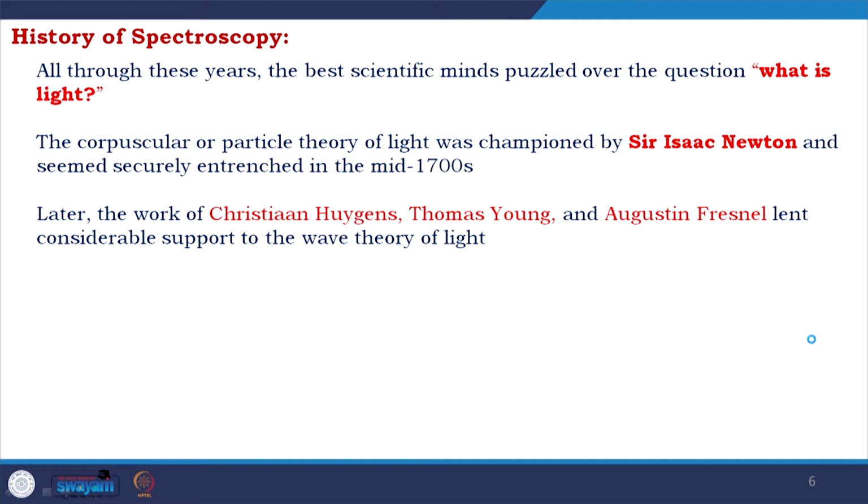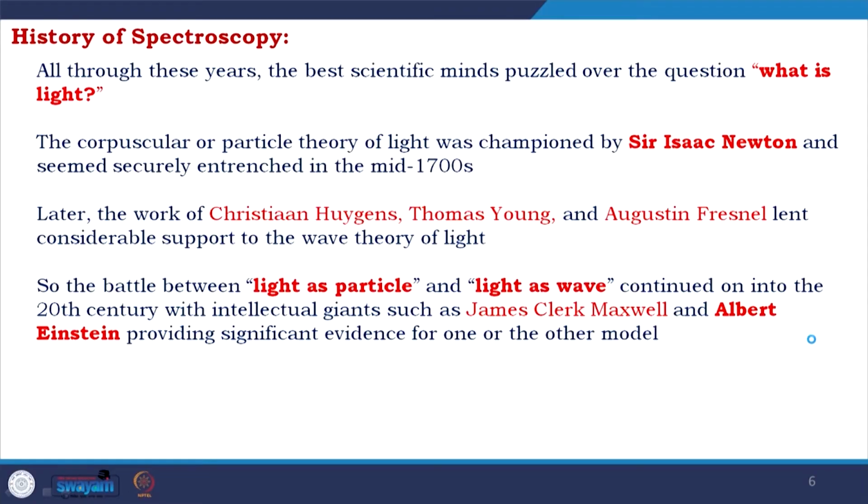So, there was a classical theory, as we know, mainly contributed by Sir Isaac Newton, whereas the wave theory of light was also coming. The battle between light as a particle and light as a wave continued on into the 20th century, with intellectual giants such as James Clerk Maxwell and Albert Einstein providing significant evidence for one or the other model.